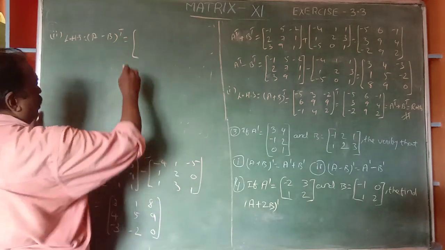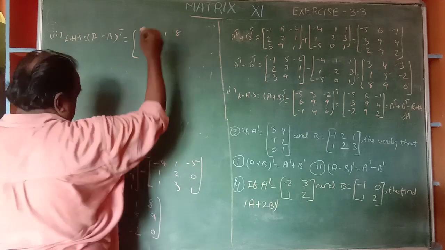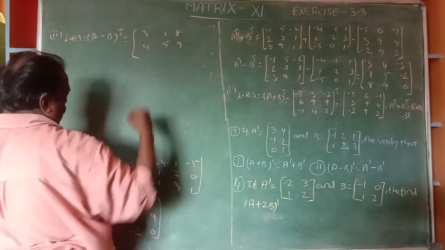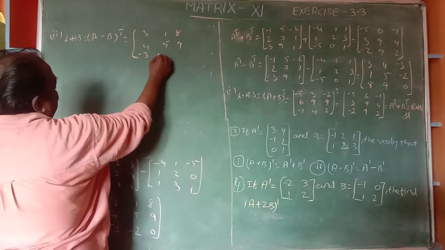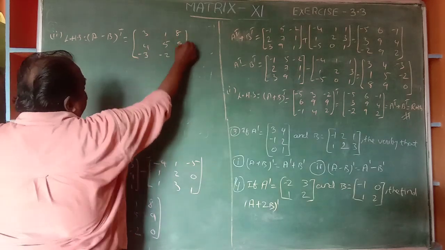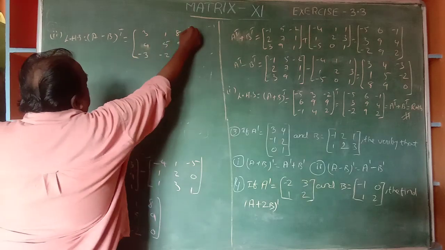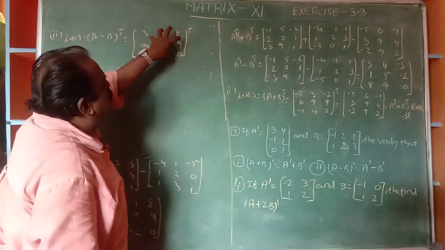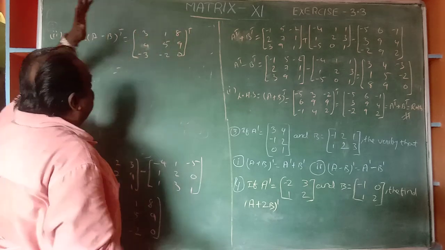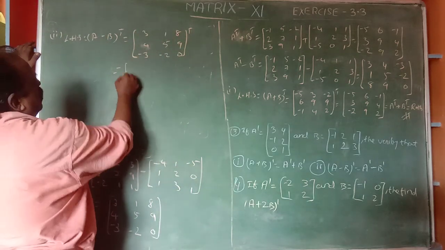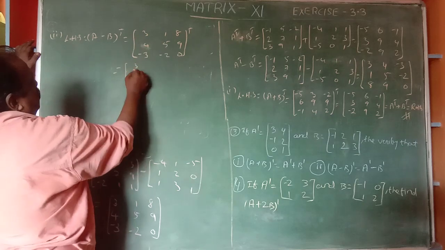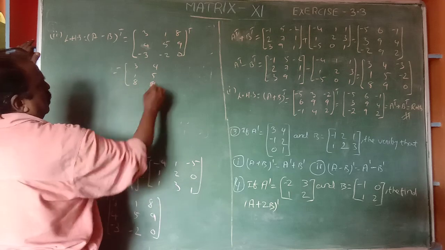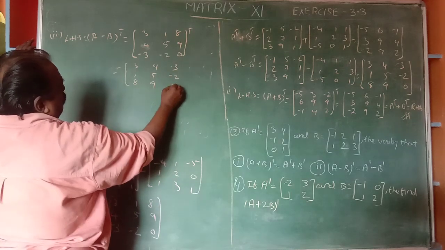A minus B is 3, 1, 8, 4, 5, 9, and minus 3, minus 2, 0. Okay now? This is whole transpose. We may write this notation also, with the T at the top right side of the matrix. That means transpose. The first row will become the first column, the second row the second column, and the third row the third column.